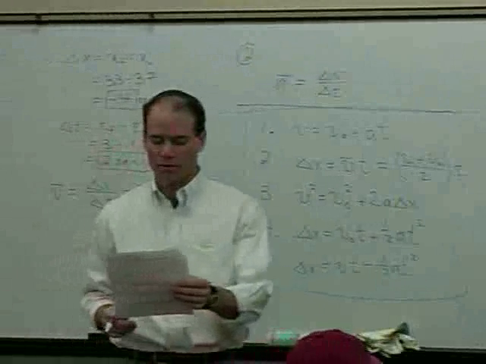The rock is thrown downward from an unknown height above the ground with an initial speed of 10 meters per second. It strikes the ground 3 seconds later. Determine the initial height of the rock above the ground.